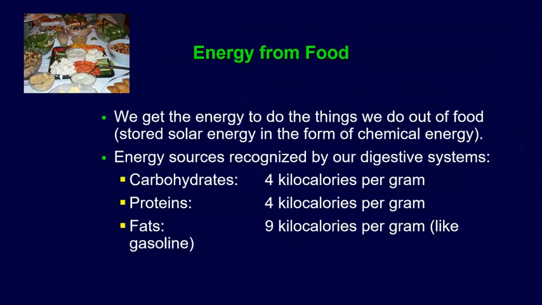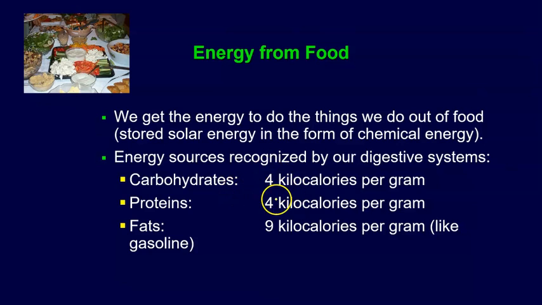And for food, this is really key to us. We get the energy to do things out of food, and this chemical energy in these bonds is where we're getting it from. You can look at the different things we ingest: carbohydrates, proteins, and fats. We like to put them into kilocalories per gram.